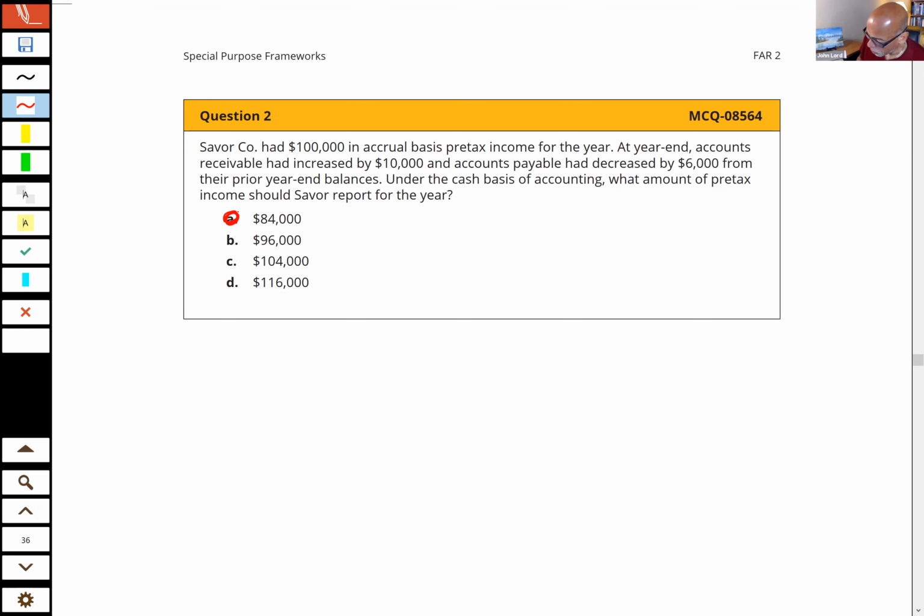But the flashcard tells us to start with what? Start with the accrual basis net income, which is 100,000. And now to turn it into cash basis income, we're going to have to do the opposite of what we were doing when we were going from cash to accrual.